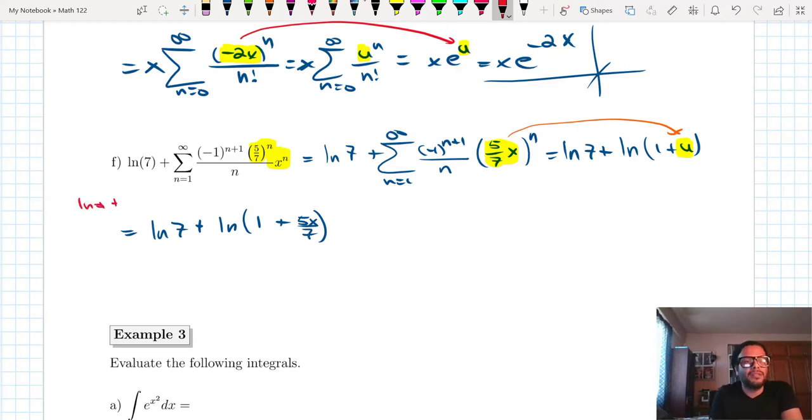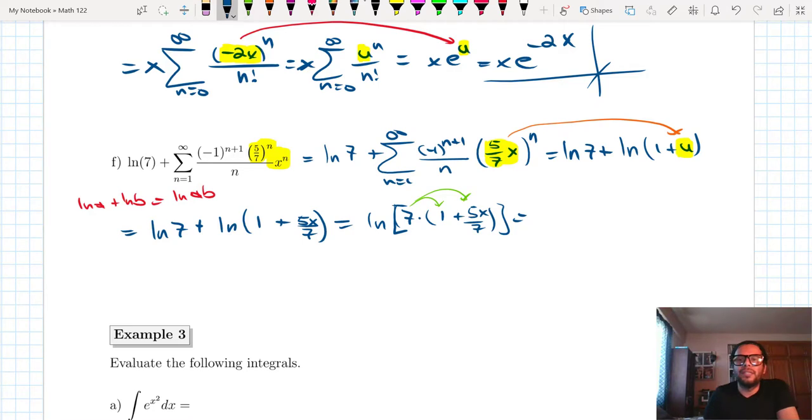ln of a plus ln of b equals ln of a b. This will be ln of 7 times, not x, and 1 plus 5x over 7, and all we have to do here is distribute the 7, giving us ln of 7 plus 5x.